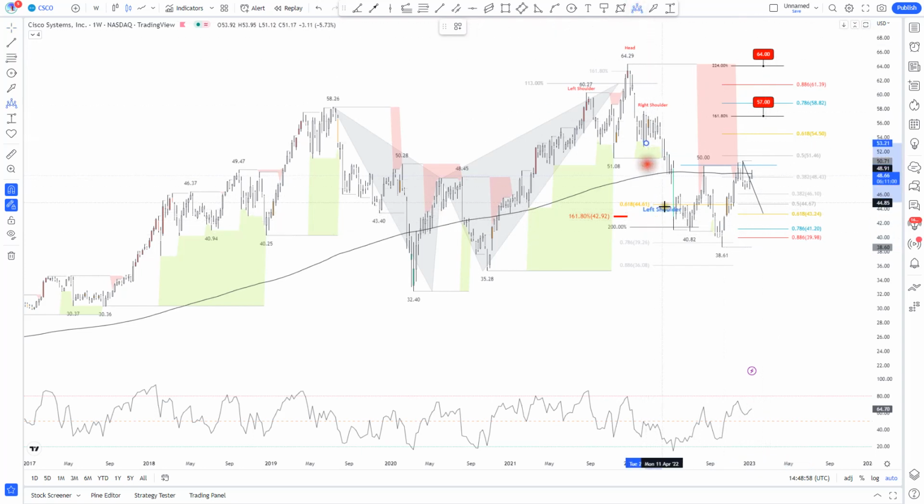And if that happens, we will see something like the left shoulder, the head, the neck zone, reinforced again, the right shoulder, and then trigger with a breakout of the neck.